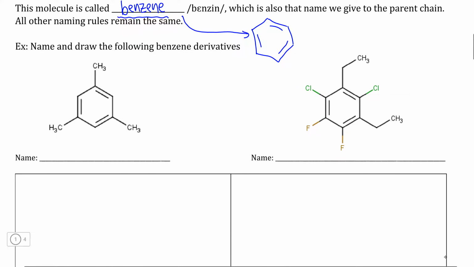For example, if we take a look at this relatively simple benzene derivative, we can see that there are 1, 2, 3 methyls, so that would be the prefix trimethyl, and because benzene is a ring structure, carbon 1 can technically be anywhere. So if we say that carbon 1 is here, that would mean that the other methyls fall on carbons 3 and 5.